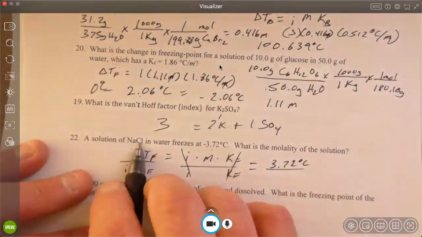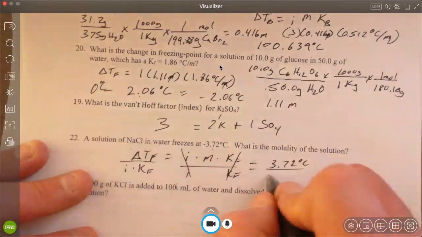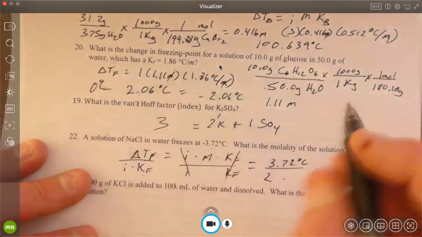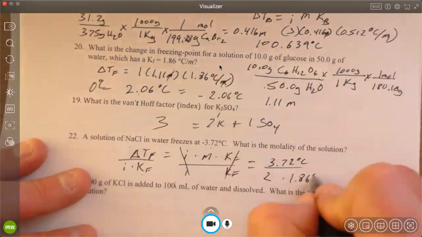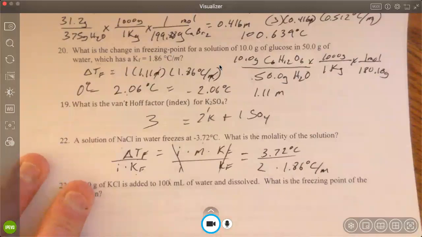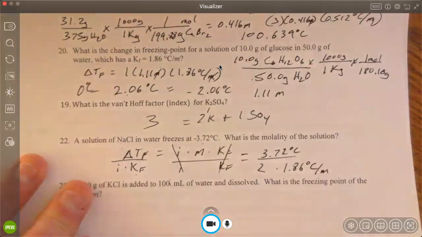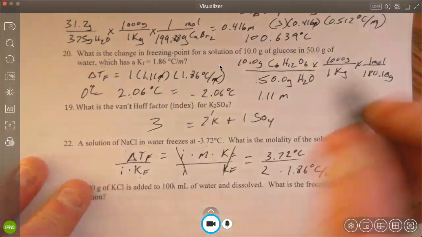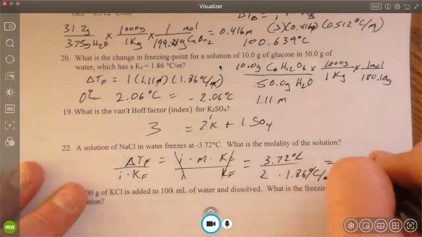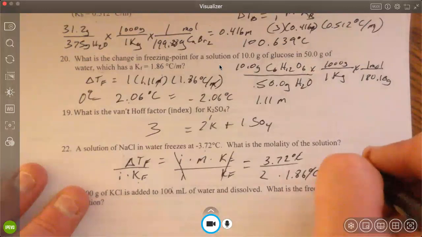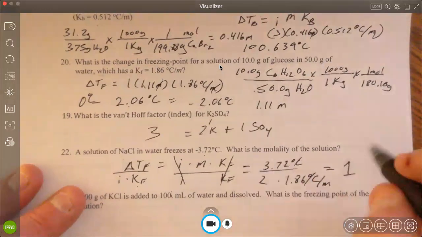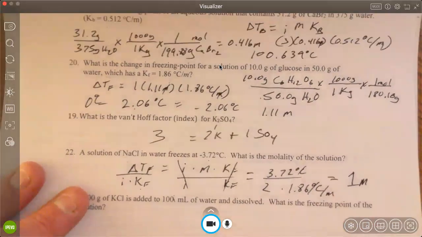For sodium chloride, sodium is a metal, so that will be 2. And the K sub F is always constant for water, 1.86 degrees Celsius per molal. 3.72 divided by 2 divided by 1.86. The answer for this then is 1. The molality of this solution is 1 molal.